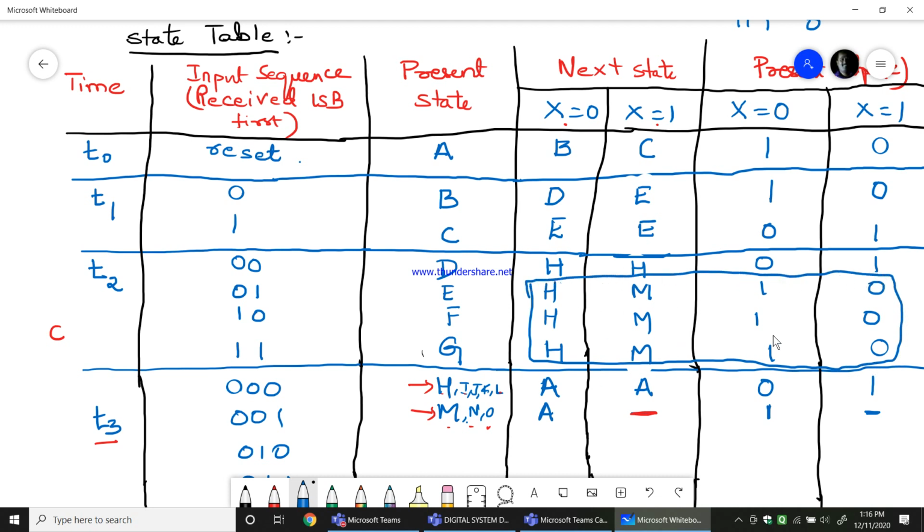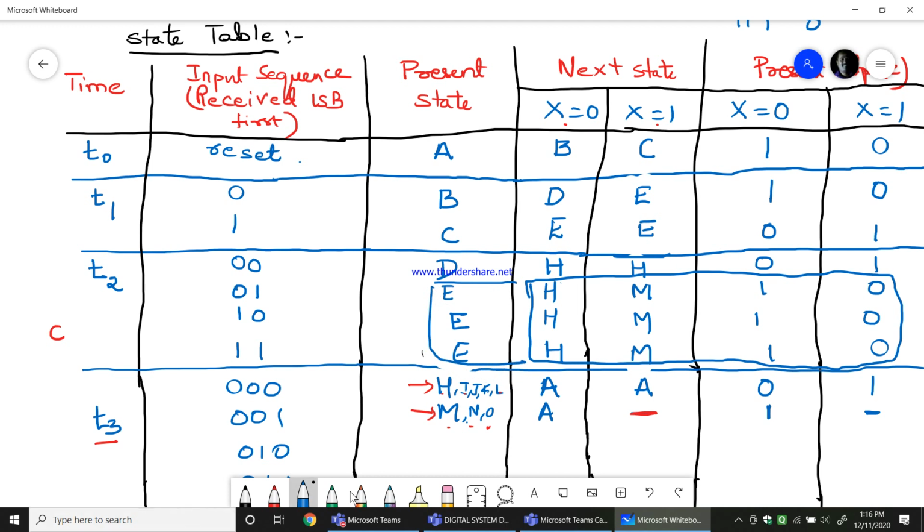So in these, if you see, H, M, 10, 10, 10. Now E, F, G is also, all three are equal. Therefore, I can say this is only E. All three are E. So all three are equal.